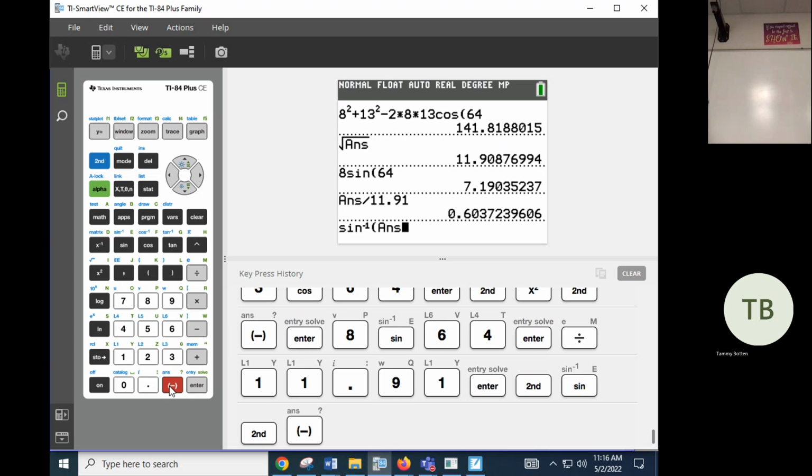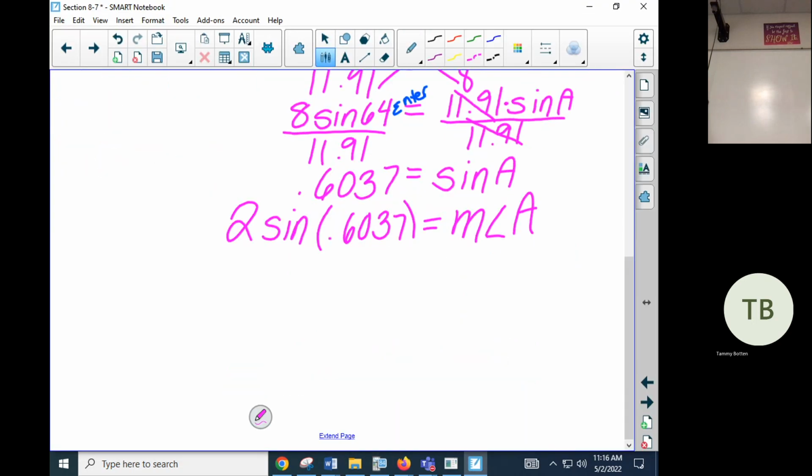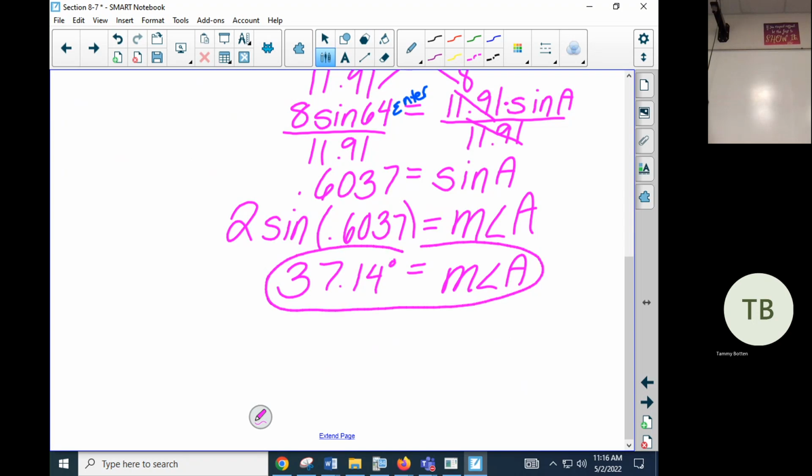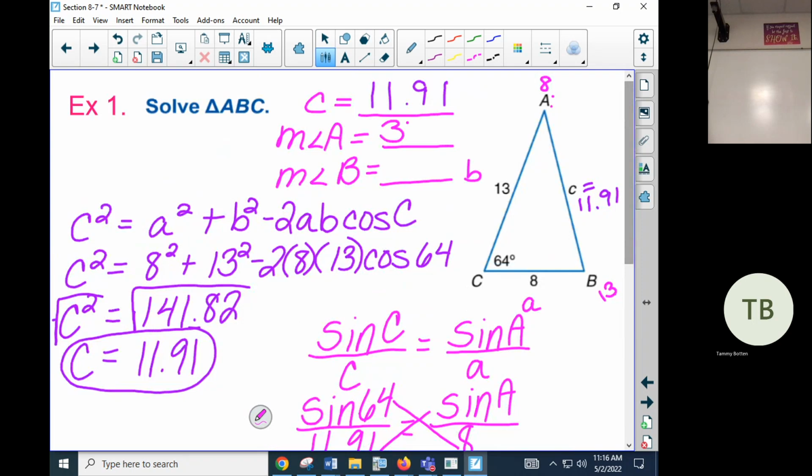So second sine, second answer, enter, and this would be our answer, 37.14. Okay, so if we go back here, the measure of angle A is 37.14 degrees. That goes right here.